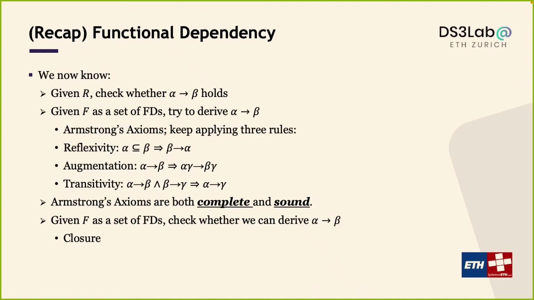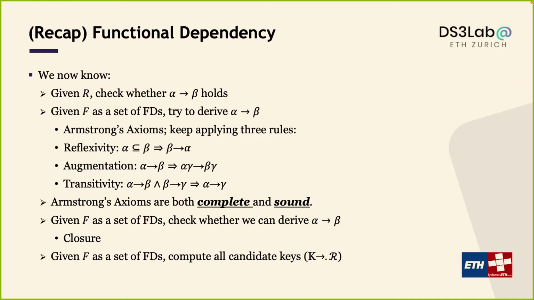And we talked about a very simple algorithm about how to do that. If you forget about it, go back to the slides of last lecture. There's a very beautiful, simple algorithm there about how to compute the closure of alpha. You compute the closure and check whether beta is a subset of that, then you know whether you are able to derive alpha decides beta or not, given this set of functional dependencies.